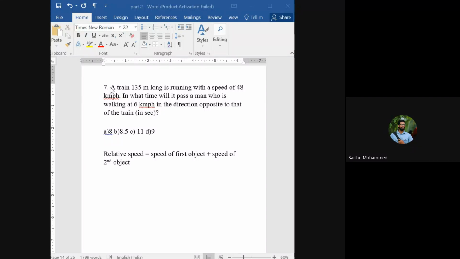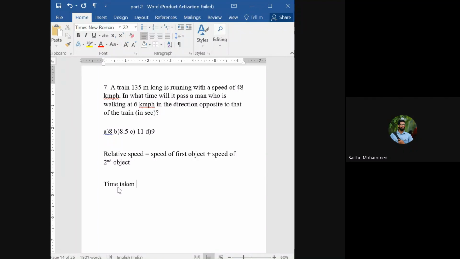We have a train that is 135 meters long, running with a speed of 48 kilometers per hour. Time is what we have to find: the time it takes to pass a man who is walking at 6 kilometers per hour in the direction opposite to that of the train. So we can write it as a mathematical formula.